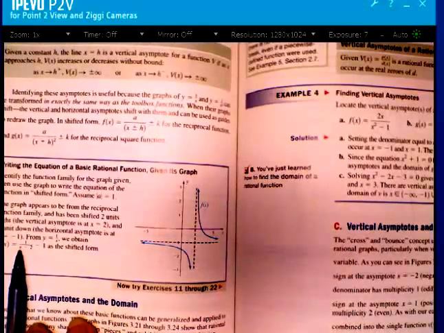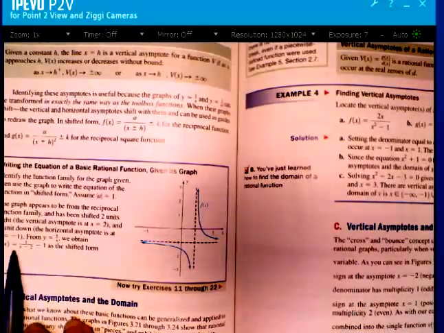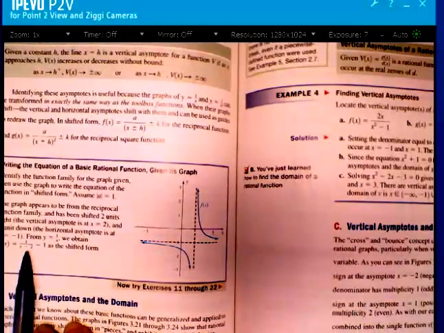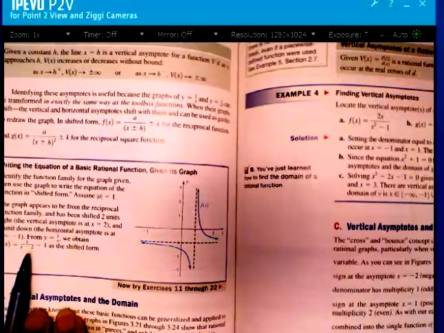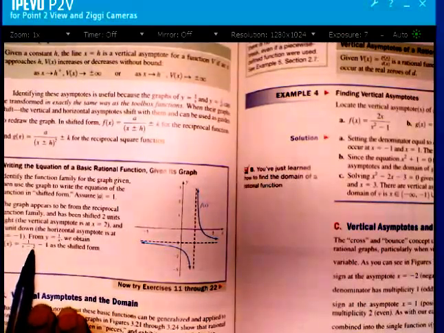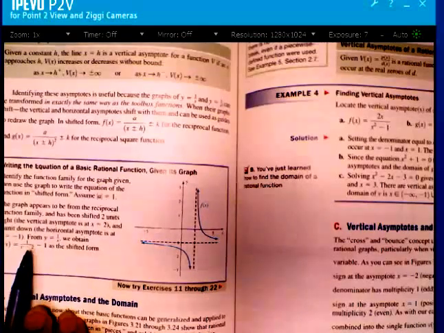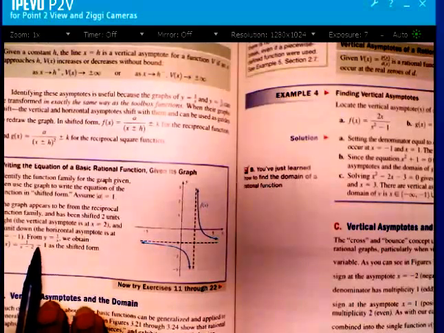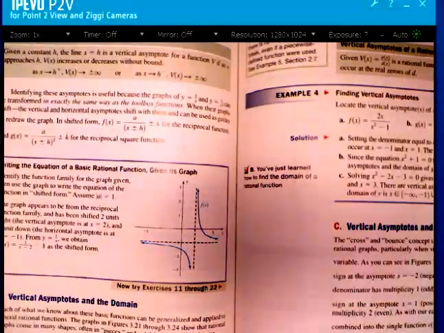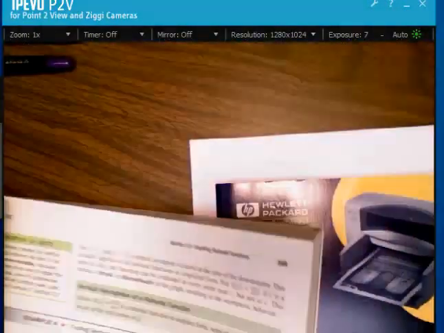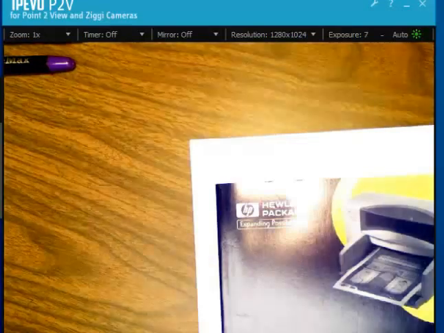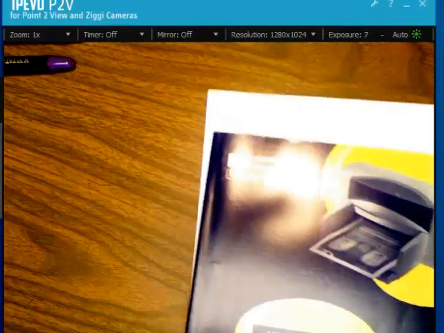We have 1 over x, so that tells me it's the first function I showed you. When we have x minus 2, that's telling us how we shift left and right. Remember, it's opposite of our shift. So since it says negative 2, that means we're going to shift 2 to the right. And then this negative 1 tells me I'm going to shift down 1 unit. So that's two more toolbox functions.